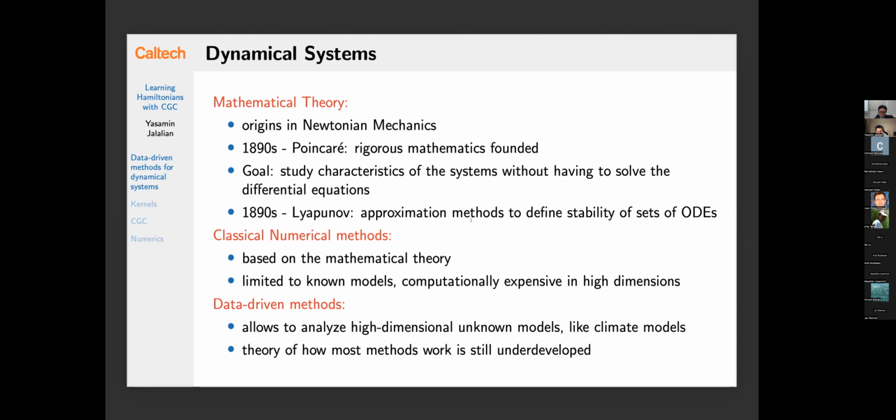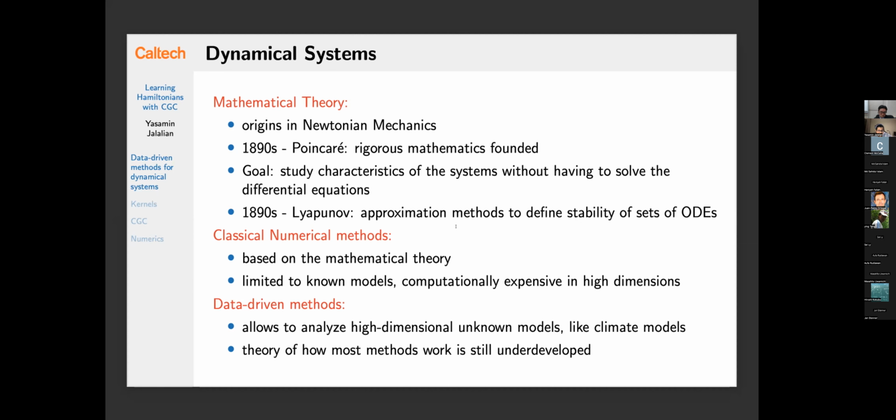And since most dynamical systems are not analytically tractable to solve, there was an emergence of classical numerical methods. These numerical methods are based on the mathematical theory. However, they are limited to known models, and they are also computationally expensive in high dimensions. This is why more and more people are considering data-driven methods.